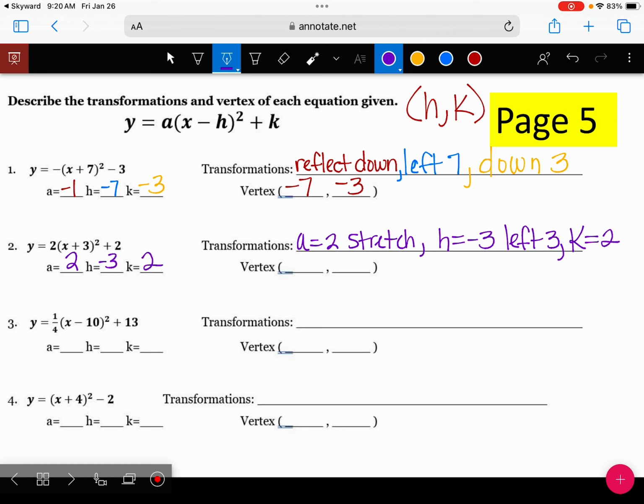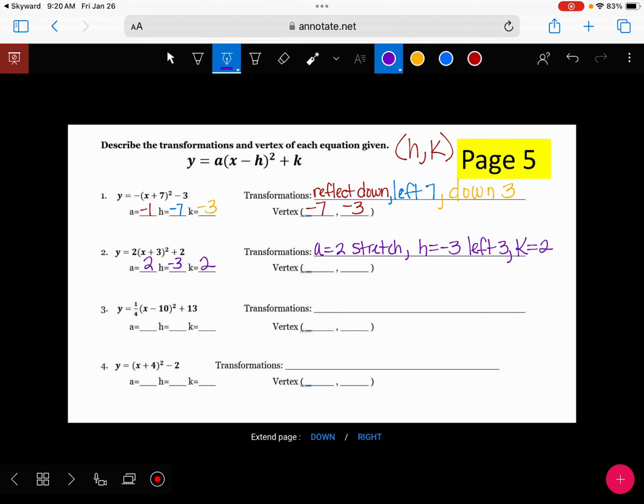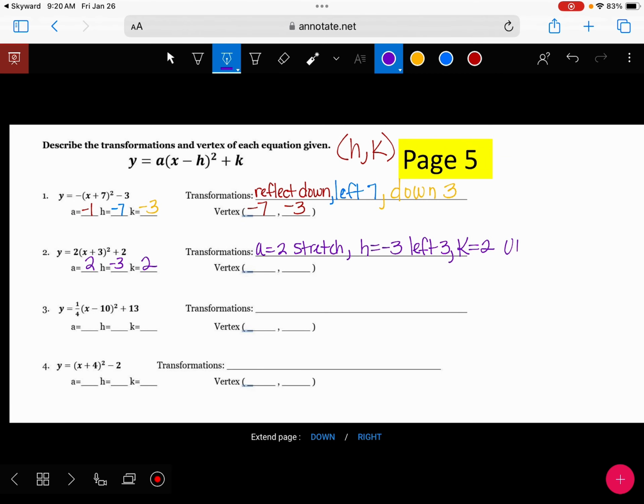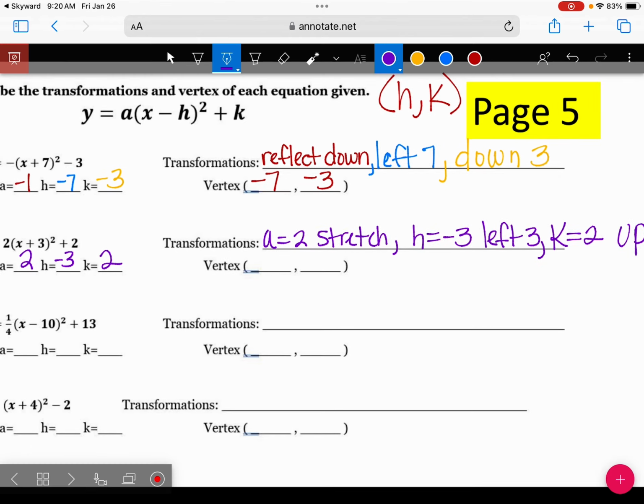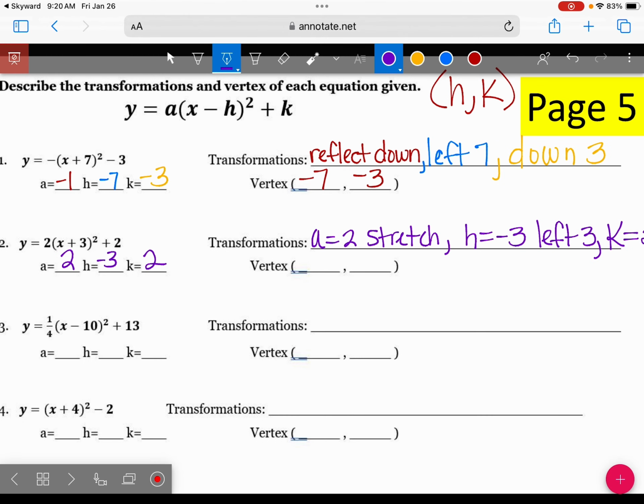Up 2 or down 2? Up 2. All right, and your vertex is at H and K, so that would be -3 and 2. All right, try to do the next one by yourself. Find your A, H, and K, and then tell me the transformation.